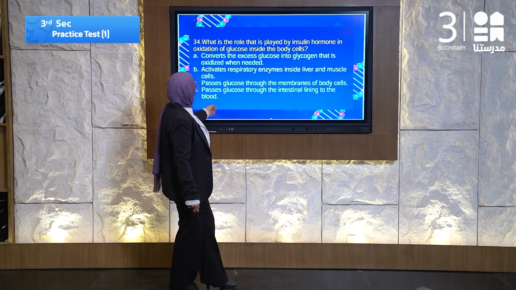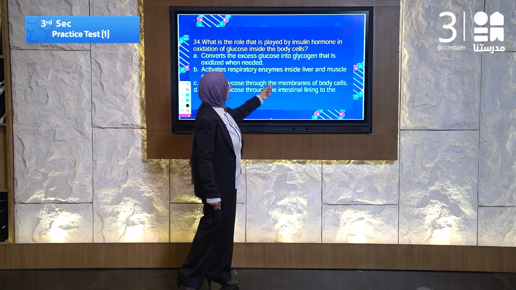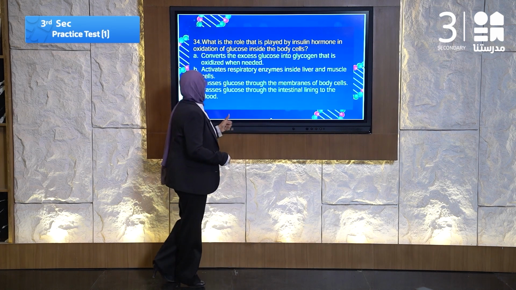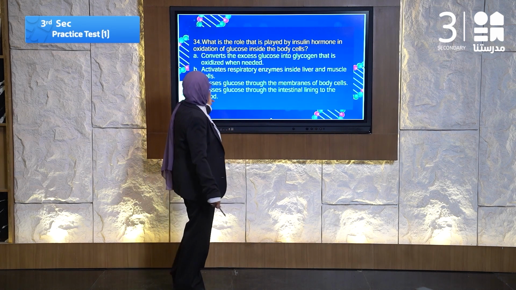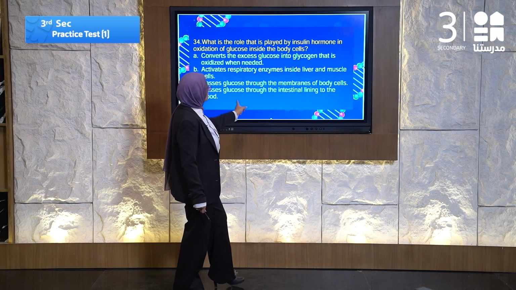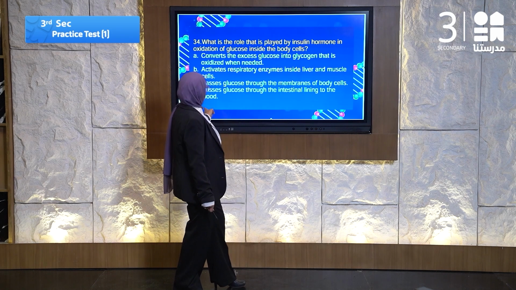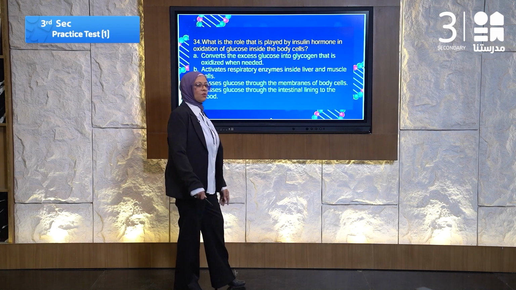Maybe. C, passes glucose through the membrane of body cells. Yes, it's one of the functions, but not energy. D, passes glucose through the intestinal lining to the blood. Maybe. Let's go.